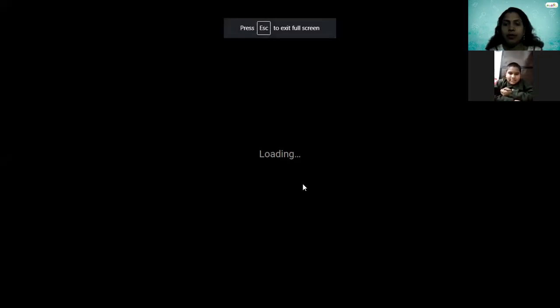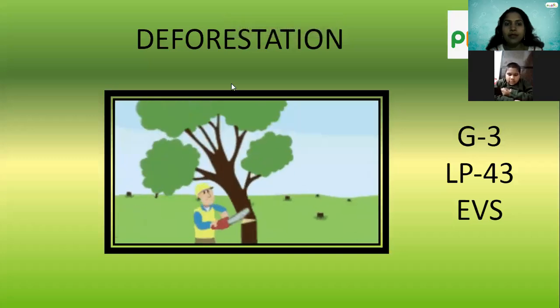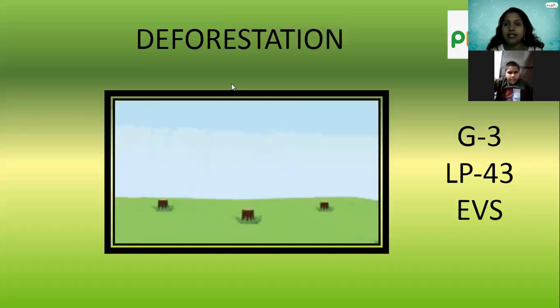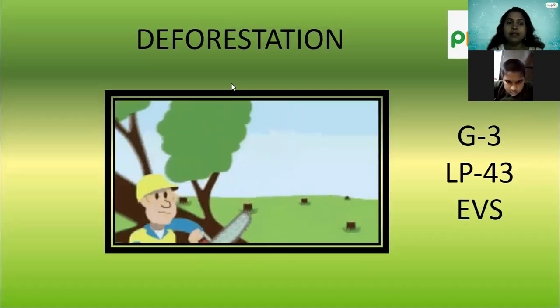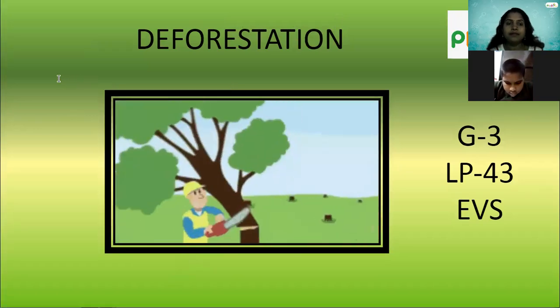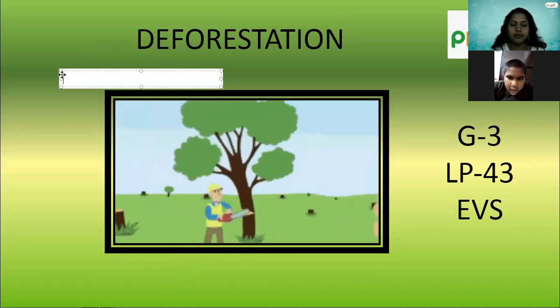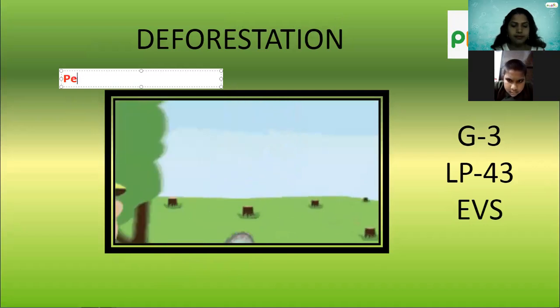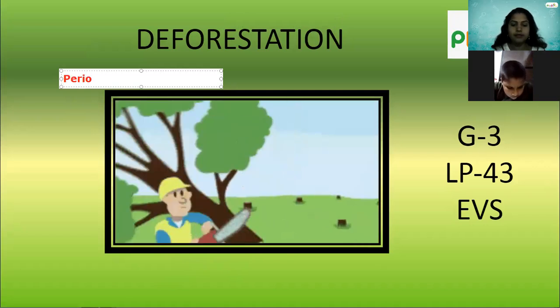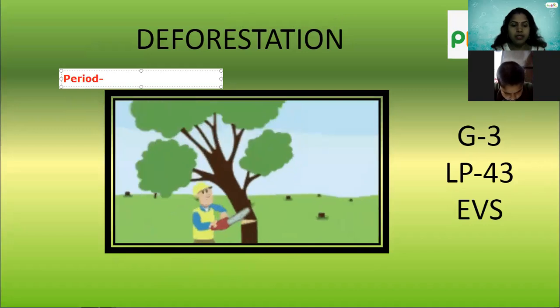Now open your notebook, quickly write down the topic name. Today we'll learn about deforestation. What do you mean by deforestation? Deforestation means cutting down of trees. Ma'am, what is the date today? Date is 18. Period is 43.